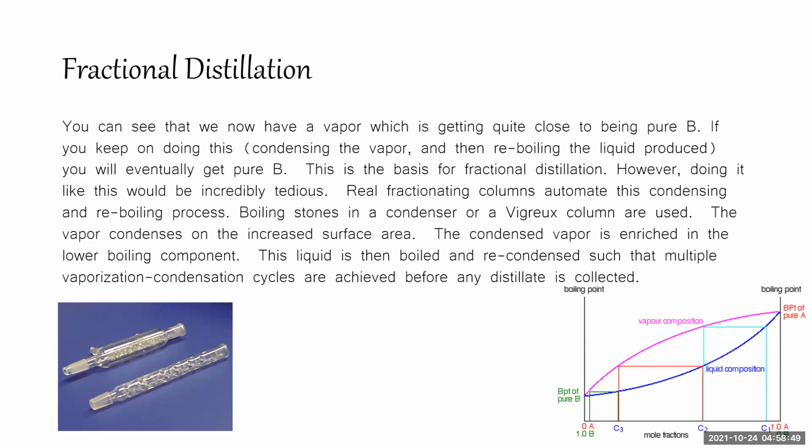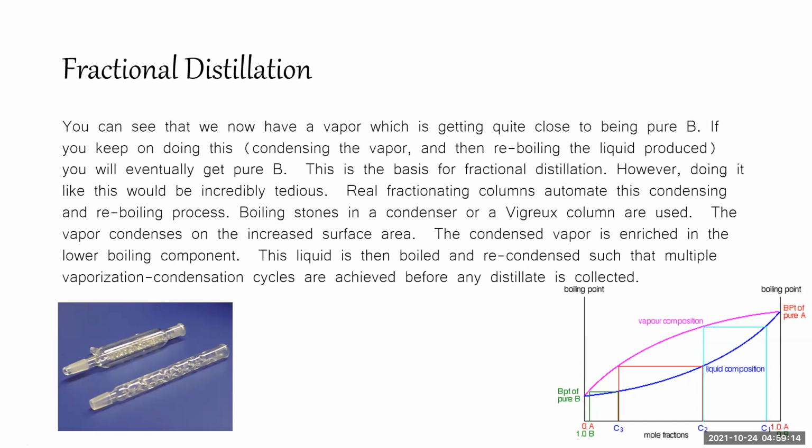And eventually it's gone through multiple theoretical plates, but all inside this piece of glass, as opposed to collecting it and resubmitting it for another distillation. So the vapor condenses on the increased surface area. The condensed vapor is enriched in the lower boiling component. And then that liquid is reboiled.